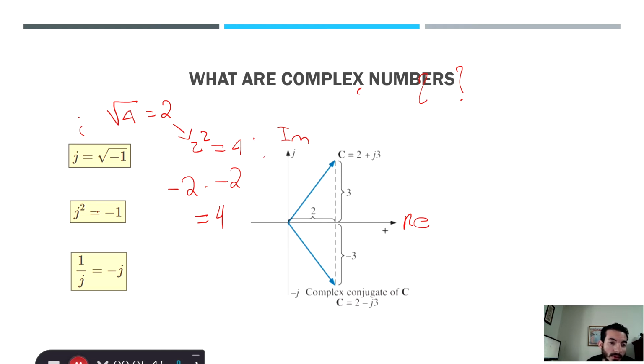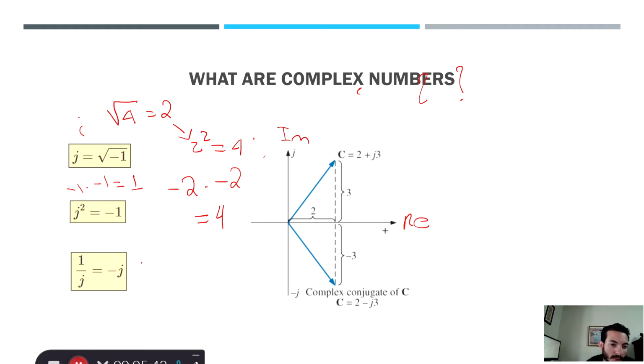You don't have a quantity that multiplied two times will give you -1, because in regular mathematics -1 times -1 is equal to 1. But using complex numbers, from now on j is a complex number, and j squared is equal to -1. So wherever you say j squared, it's like having a -1.